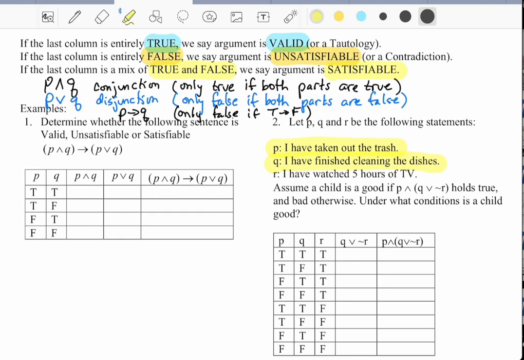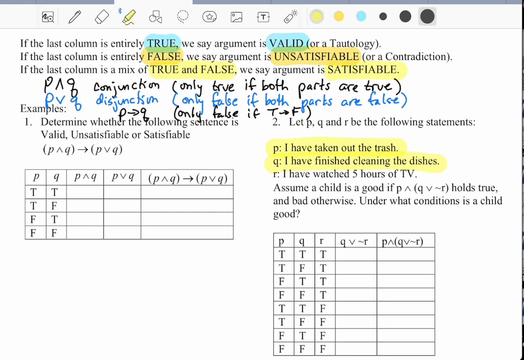Right? I have taken out the trash, and I have finished cleaning the dishes. Then I have taken out the trash, or finished cleaning the dishes. Doesn't feel like much of a useful sentence there.